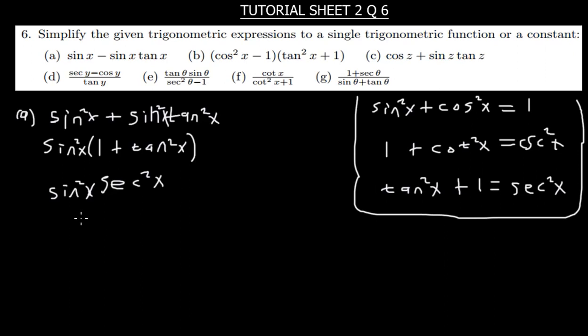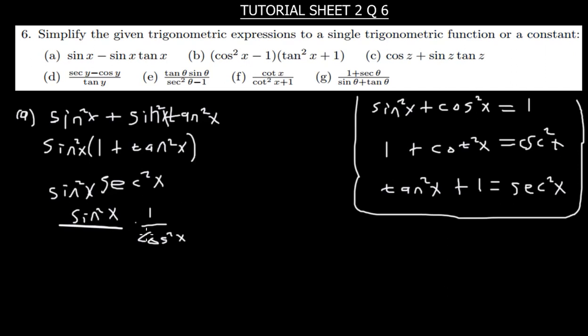So if this is the case, then we're going to have something like this: sine squared x over, this sec squared is just the same as 1 over cos squared x.